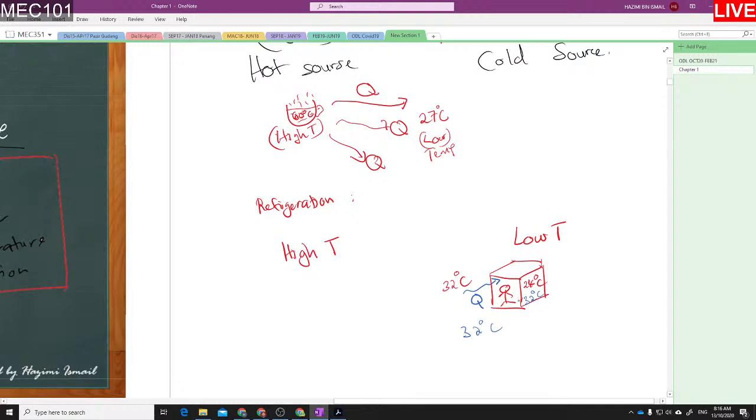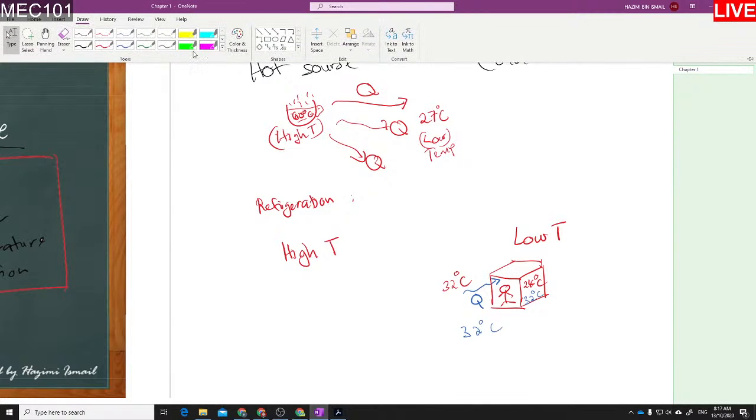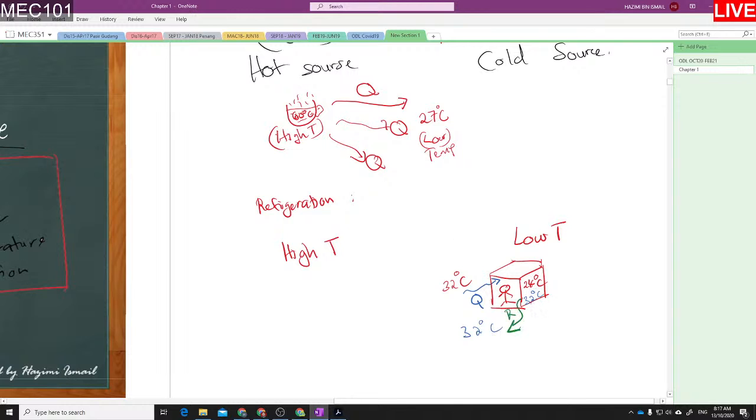The refrigeration must do the process oppositely from the natural process. I will use the color green. We want to reduce or maintain 24 degrees Celsius by transferring heat out of your room, which is the lower temperature region.